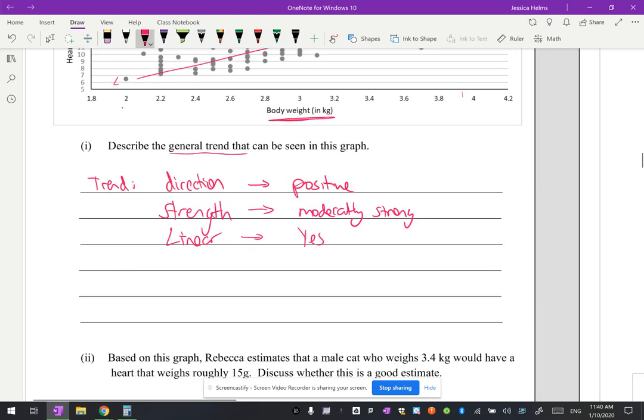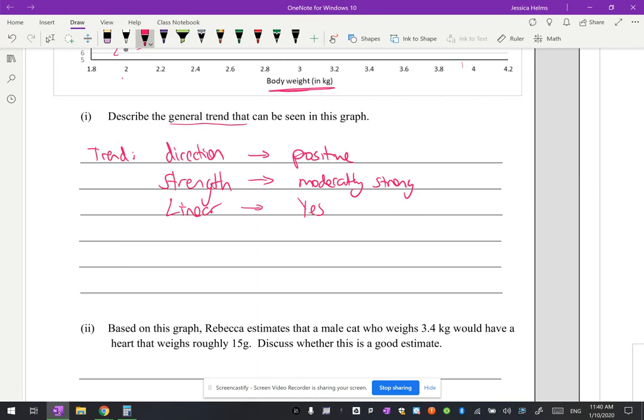Okay, so in your answer at the end, you're going to say that as the body weight of male cats increases, their heart weights also increase.